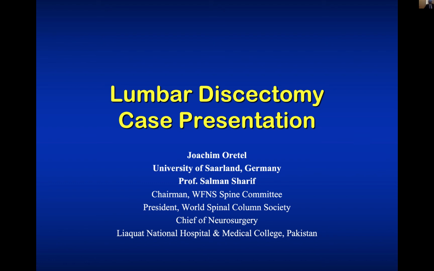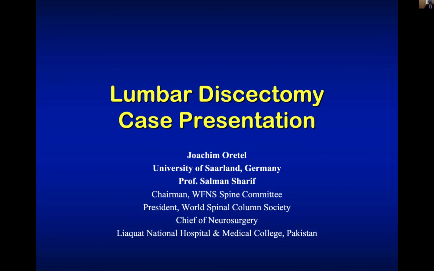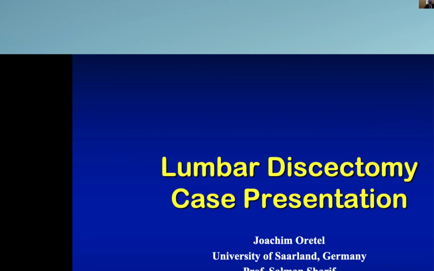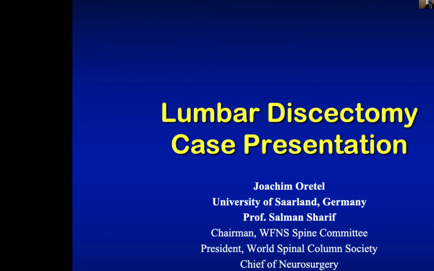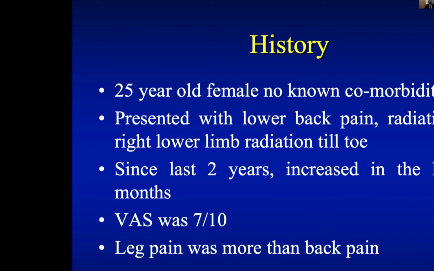I will show the case, and I will try to get your opinions about how to manage it and what is your diagnosis, what is your differential diagnosis. This is a 25-year-old female with no known comorbidity, presented with lower back pain radiating to the right lower limb, down to the toe.